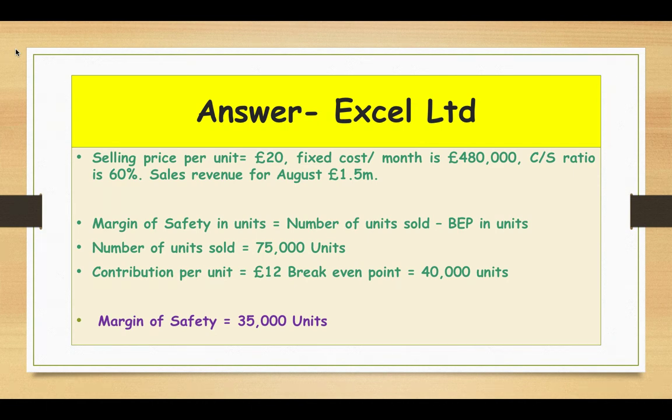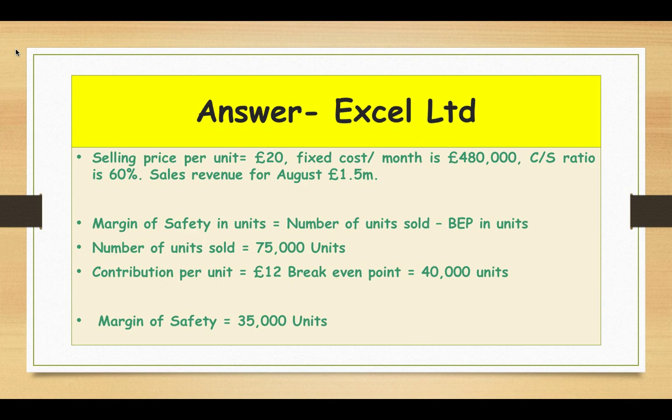So now we can calculate the break-even point in units. So we know the formula, break-even point in units is fixed cost divided by the contribution per unit. So the fixed cost is 480,000 divided by the contribution per unit, which we have calculated, £12. So the break-even point is 40,000 units.